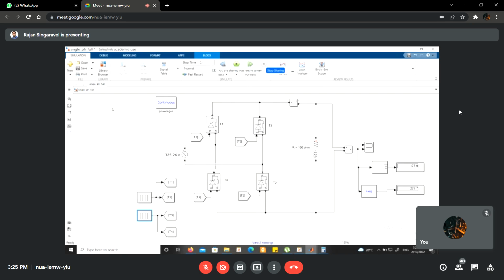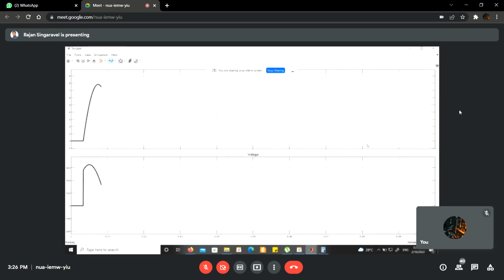So now once again I'm simulating the system to show you that when alpha is greater than the load angle, the current becomes discontinuous. In the previous case you might have seen that the current is always positive. But here you can see the current is negative between the load angle of 38 degrees and 60 degrees.